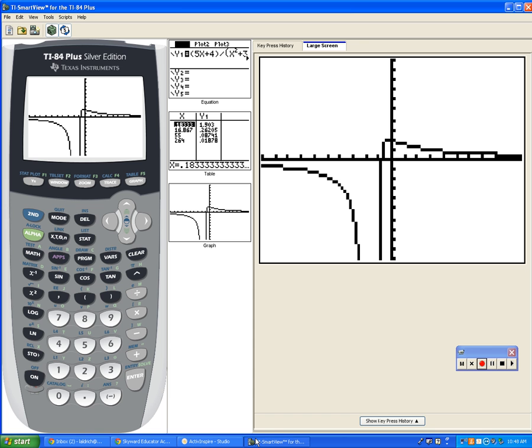All right, so the very first thing that they wanted us to do was to graph the function. I graphed it. What is it? X squared plus 3, thanks.